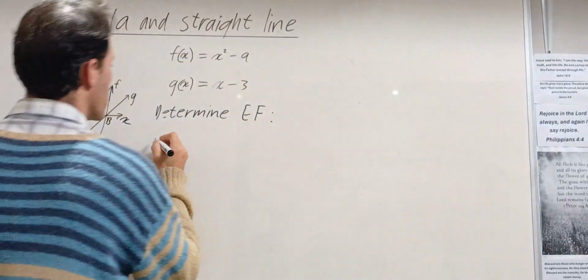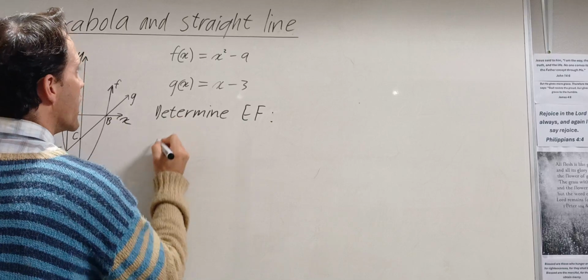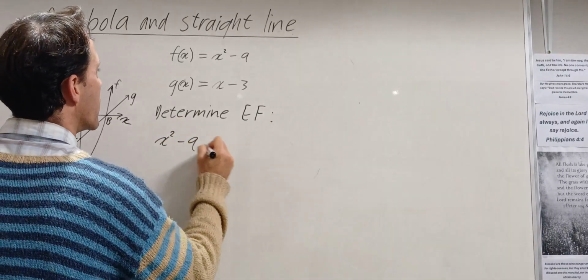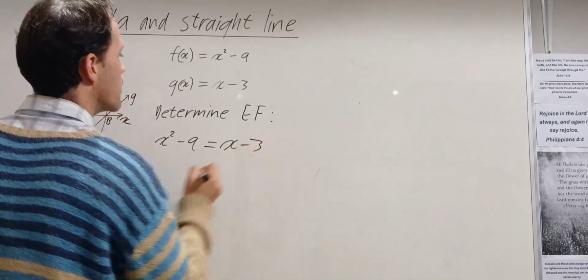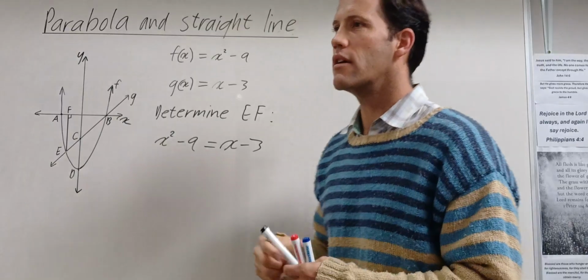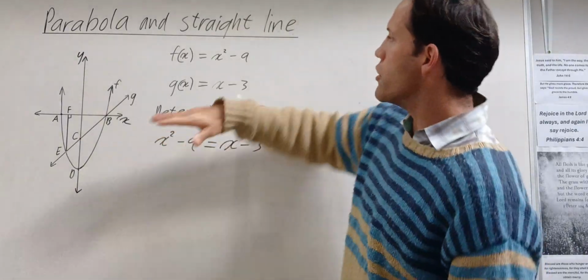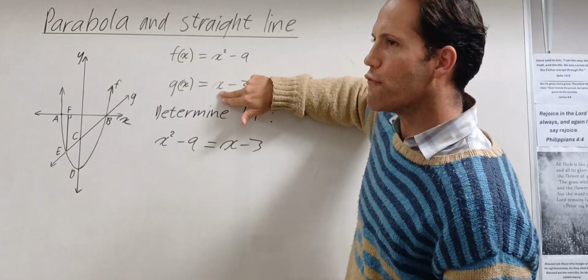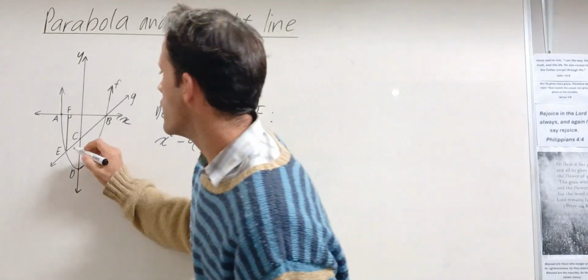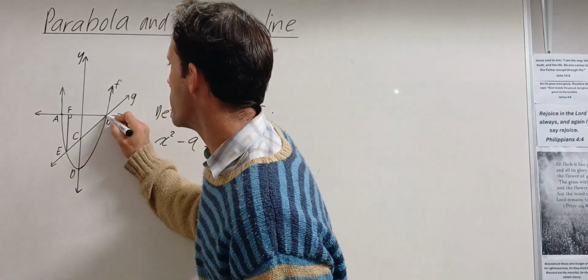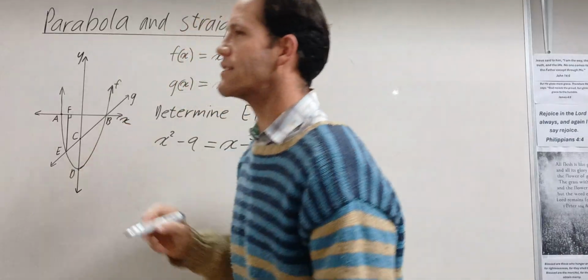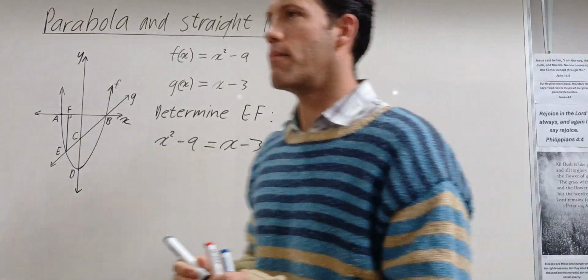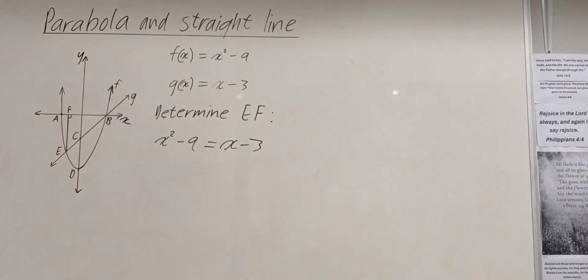Okay? You say put x squared minus 9 equal to x minus 3. Think about it. When you put the parabola equal to the straight line, what do you find? You find a place where they are equal to each other. It's going to be E and B. That's the two places where they're equal to each other. Okay, so that's what we're going to solve here.